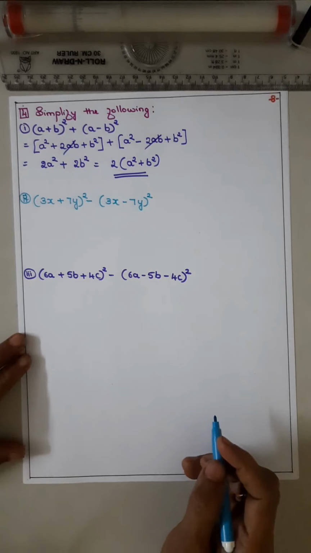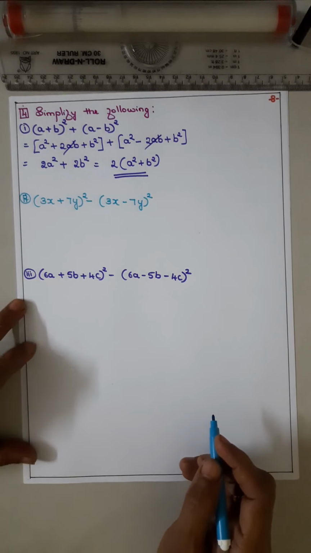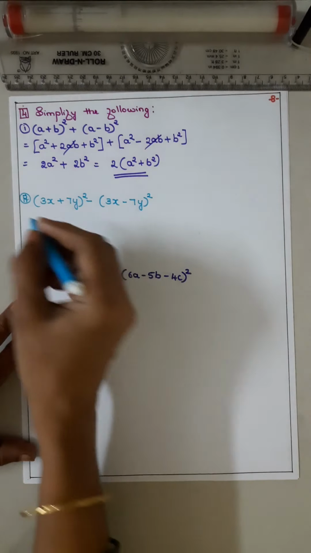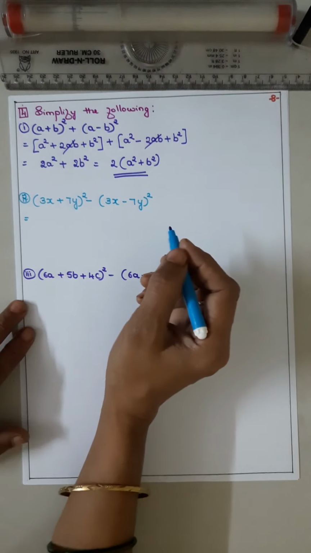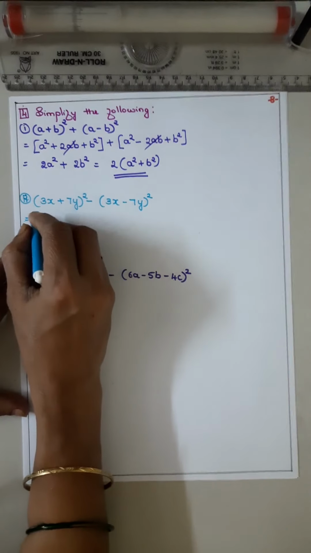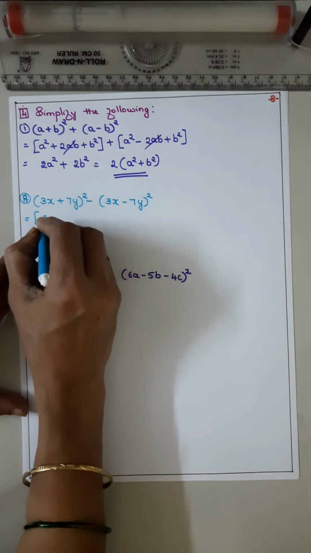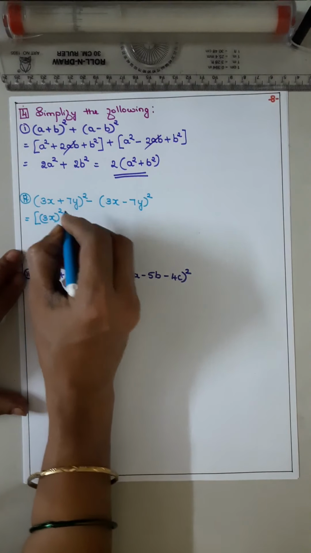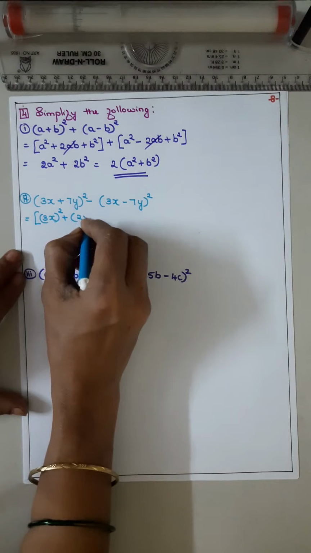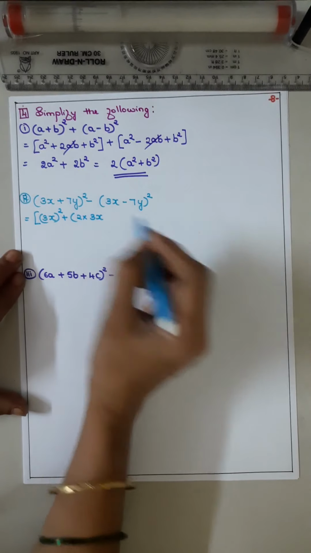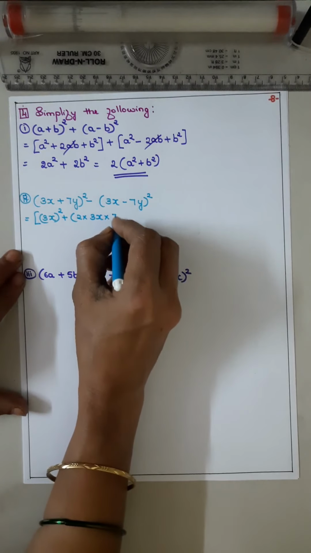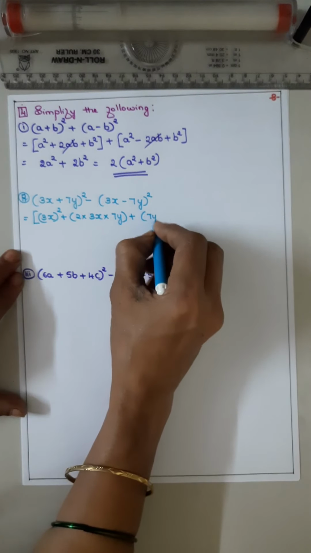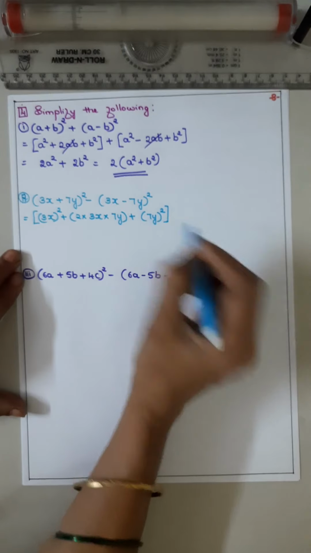(3x + 7y)² − (3x − 7y)². Like the earlier, the same you have to do. So, square bracket open, (a + b)², isn't it? (3x)² + 2 into 3x, a, into b, that is 7y, plus b² is (7y)².